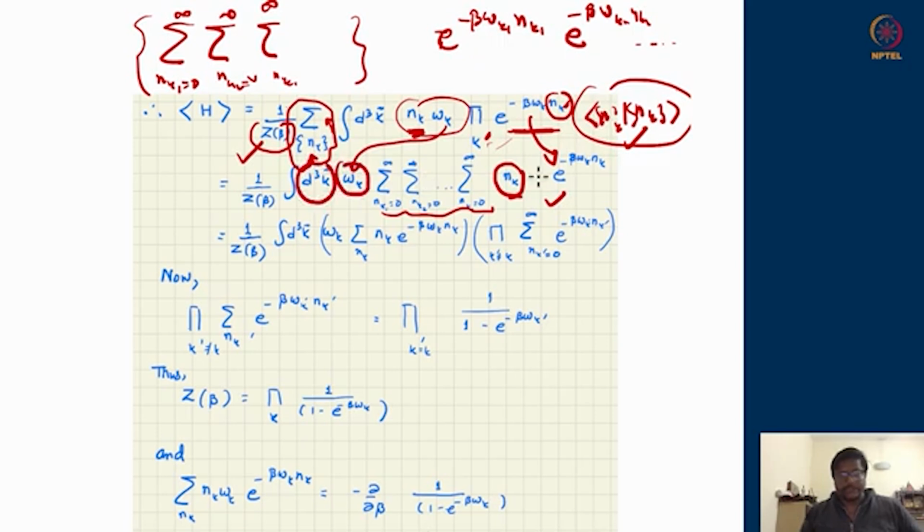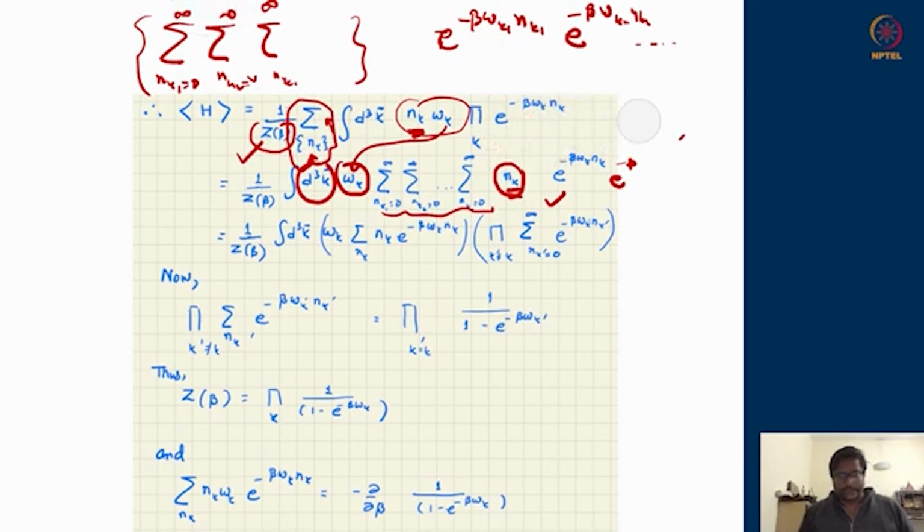Okay, but for the moment, fix this, that there is first a single mode k, and then you see all nk's are appearing. So I should write down, this is e to the power minus beta. I have missed out here, so let me correct it this way, that here all other e to the power minus beta omega k prime nk prime are also appearing as a product.